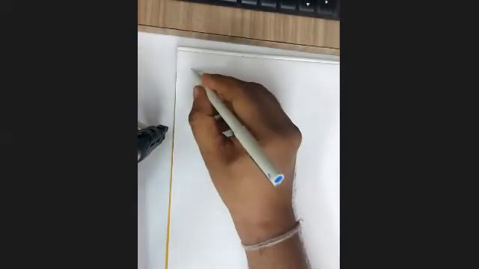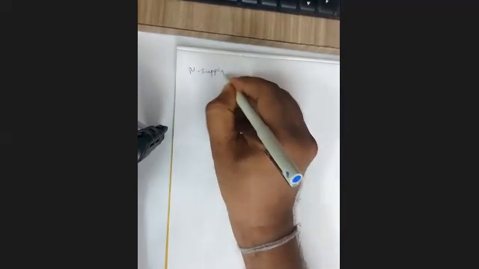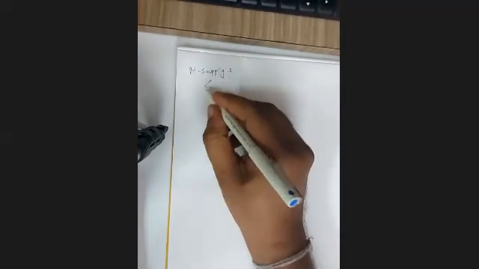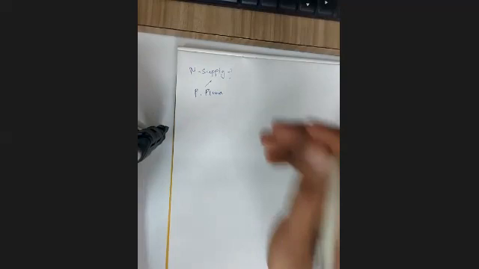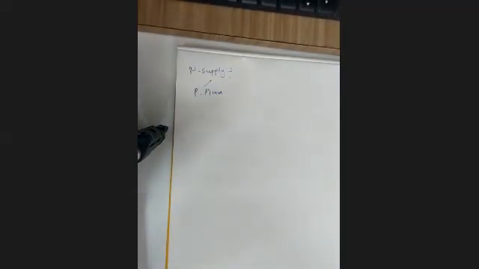Now coming to the nerve supply and the blood supply of the pleura. As we discussed earlier, as regards the nerve supply of the pleura, the parietal pleura is supplied by the intercostal nerves, by the phrenic nerves, the somatic nerves.